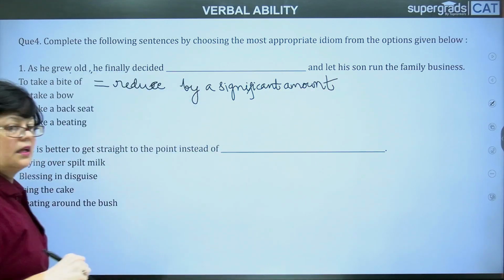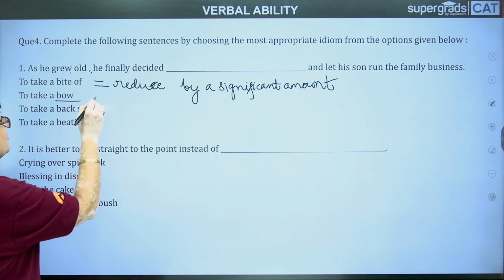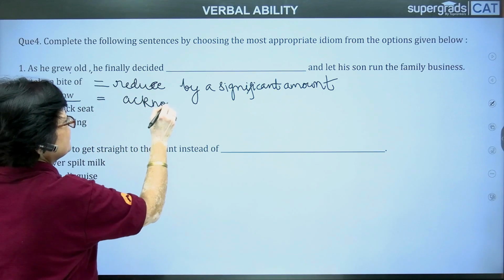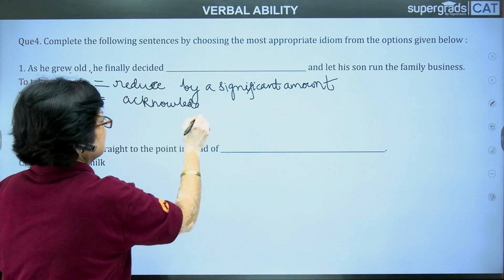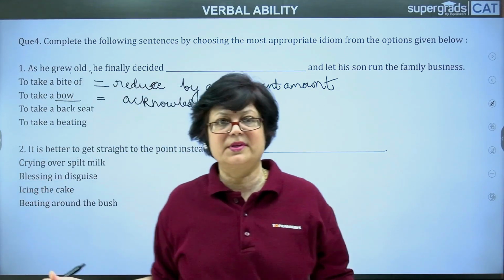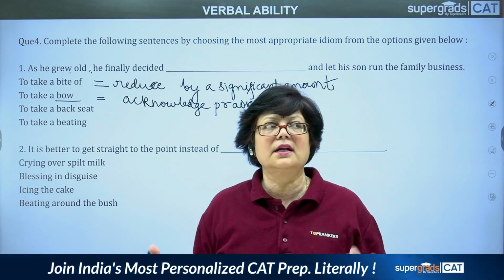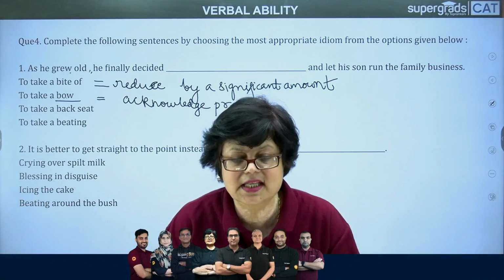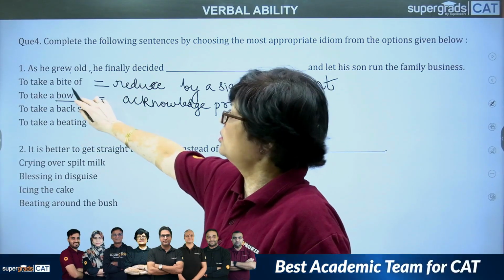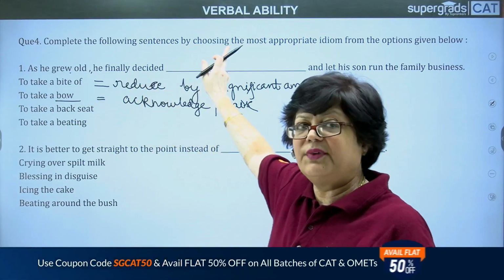Now, to take a bow: to acknowledge the praise, especially at the end of a performance. A performance has been given, and the singer, the performer, or the actor is getting the praise, so he takes a bow. So this is the meaning of to take a bow, to take a bite of. Very clearly, you can see that these idioms do not fit in the context.